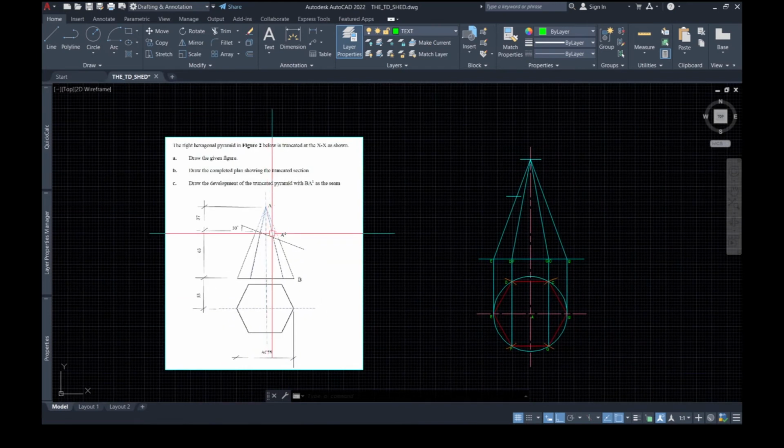At this point, we now need to establish the cutting line at the point where the pyramid is being truncated at the angle of 30 degrees.